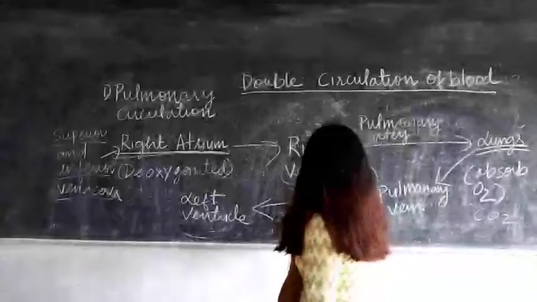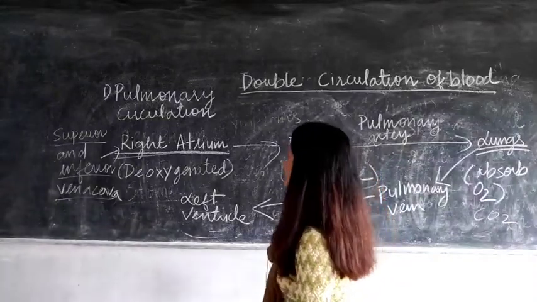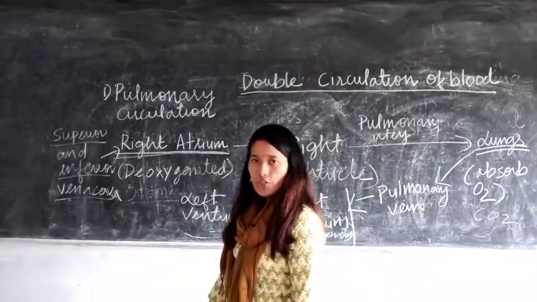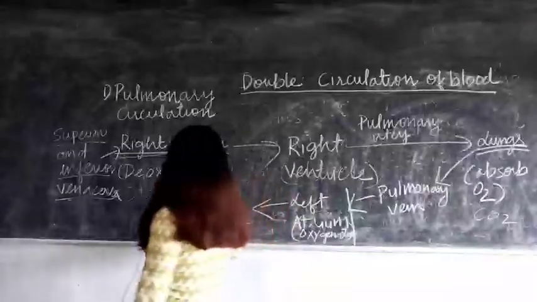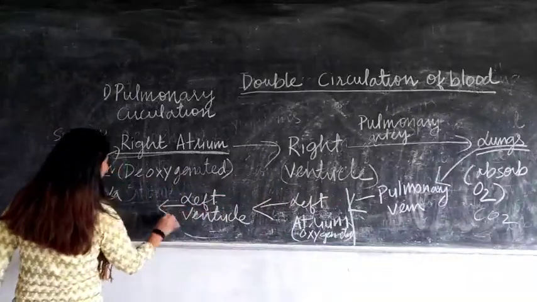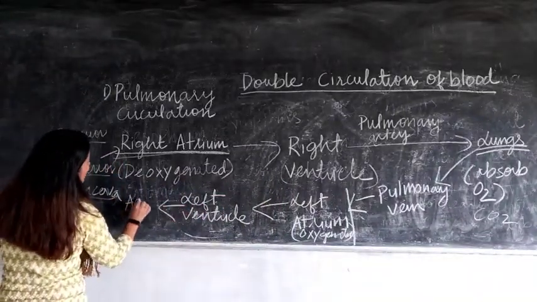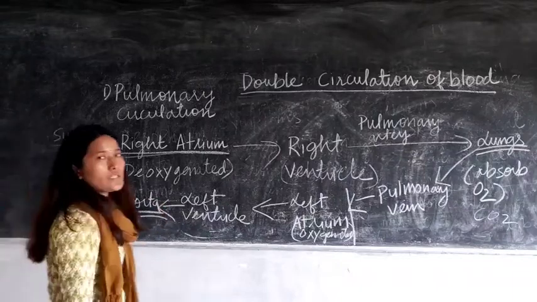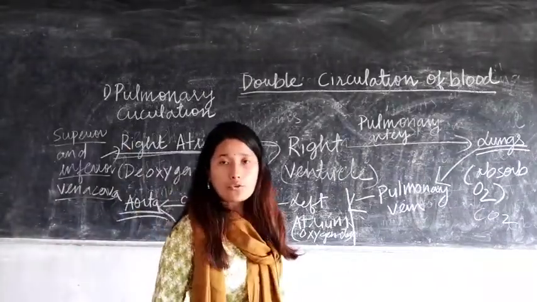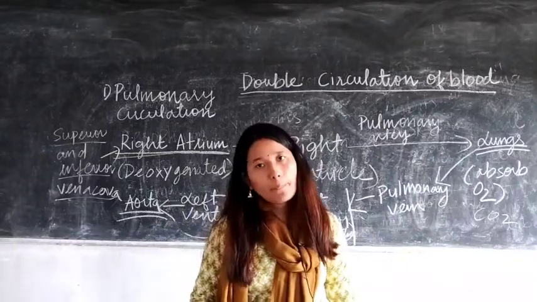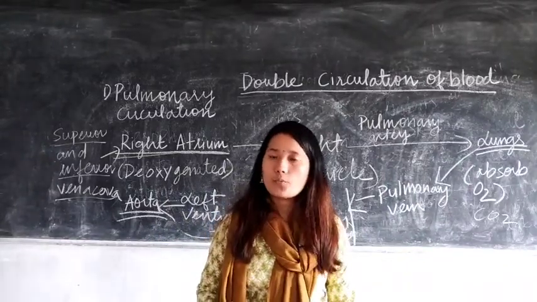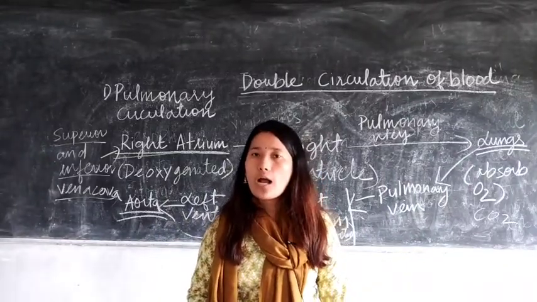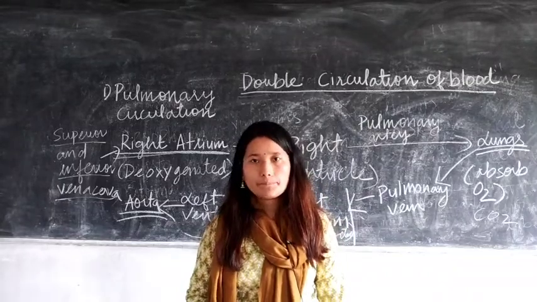So from the left atrium it goes to the left ventricle, and from the left ventricle, through the largest artery, the aorta, the oxygenated blood will be circulated throughout our body.